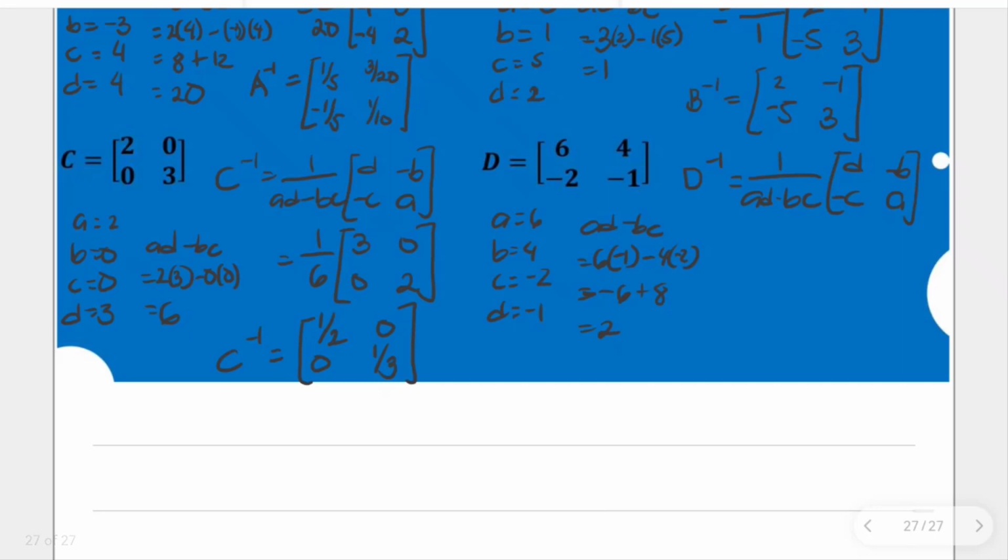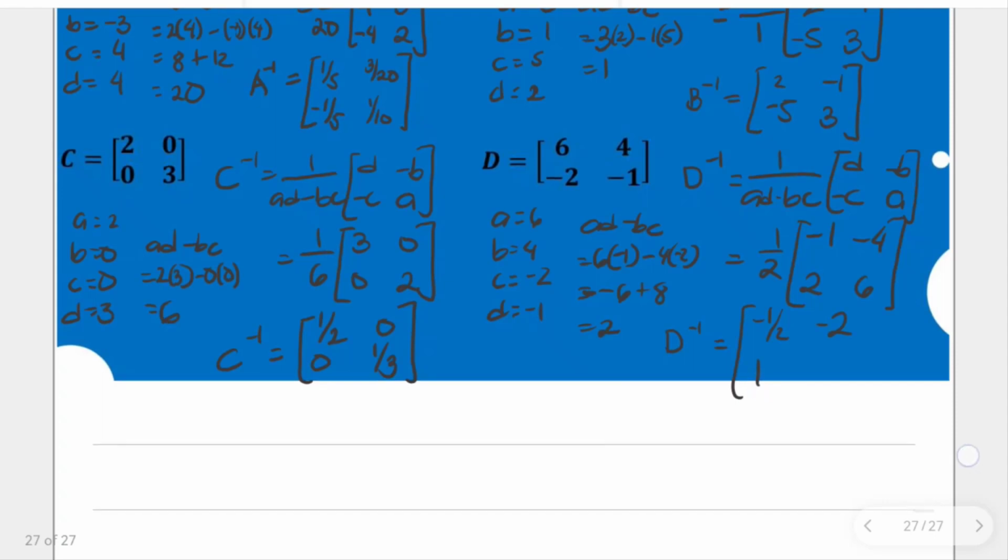That's positive 2. So we have 1/2 times the matrix here: negative 1, 6, negative 4, negative 2, positive 2. So our inverse of D is negative 1/2, negative 2, because that's negative 4 times 1/2. Here, positive 1, positive 3.